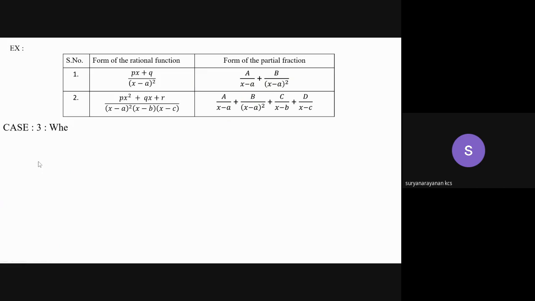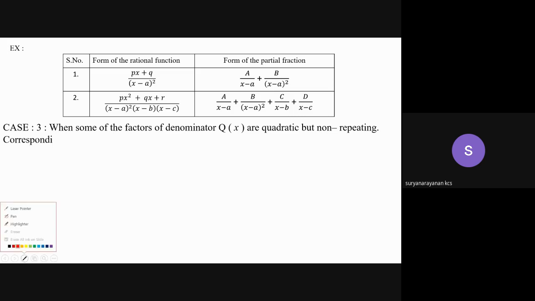Case 3, third type of sums. When some of the factors of the denominator q of x are quadratic but non-repeating.